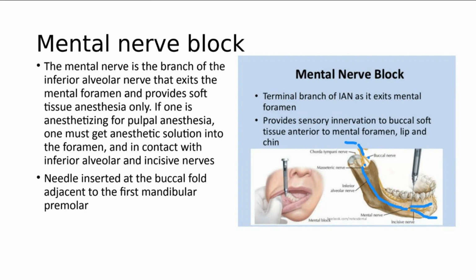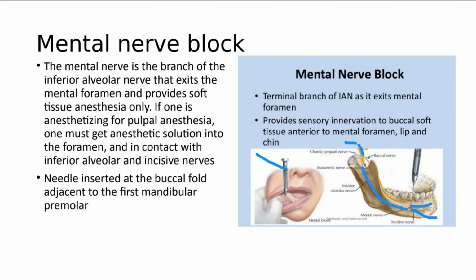If you wanted to get the mental nerve, you're going to get the needle as you see here. Okay, you can actually feel the mental foramen, and you go into the buccal fold or the mucobuccal fold adjacent to what? To the first premolar.